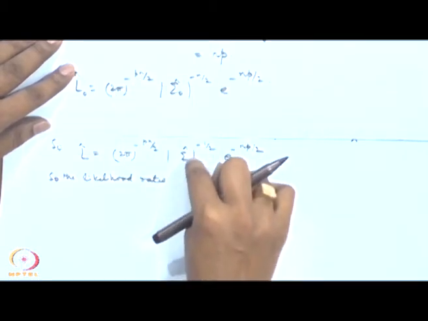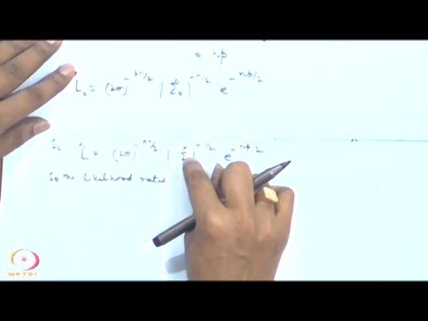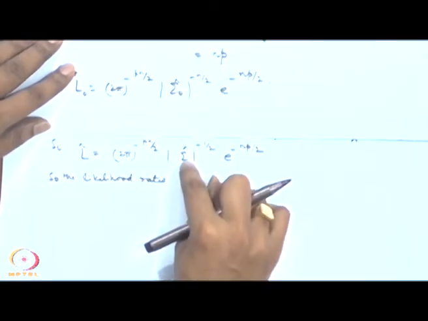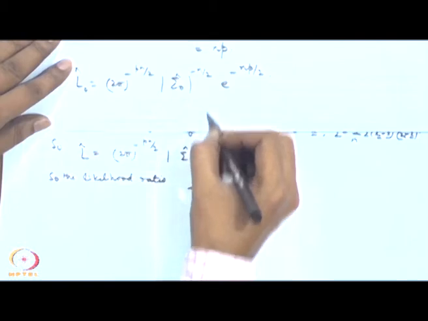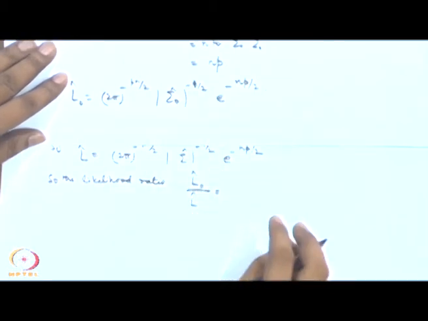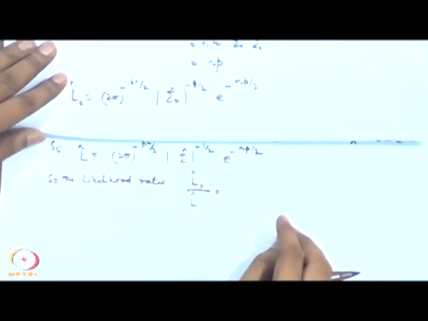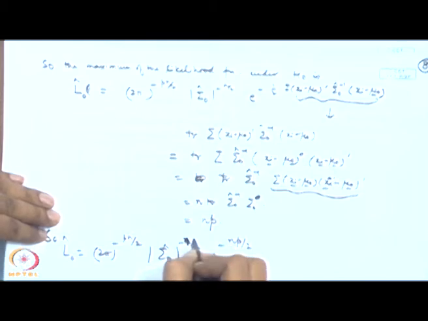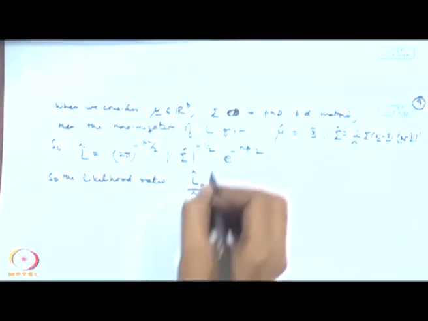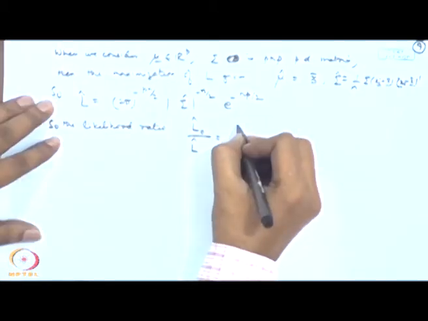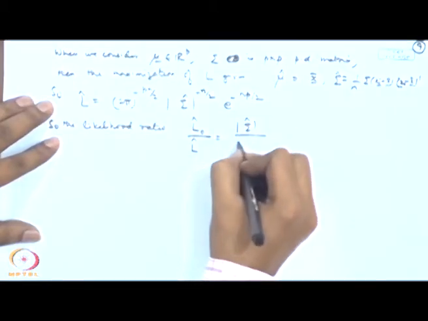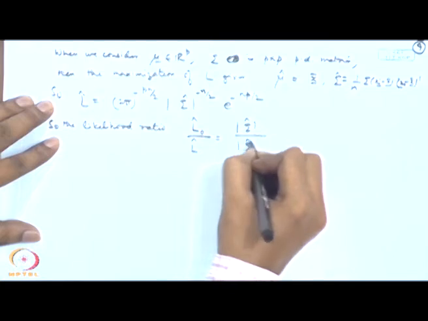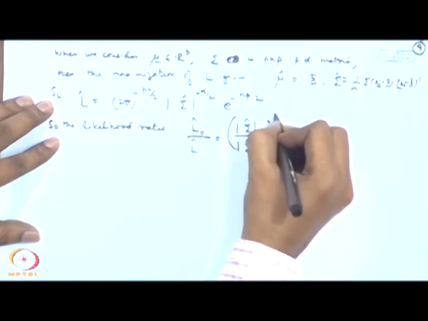You are left with only the determinant of Sigma naught hat and the determinant of Sigma hat, and this is minus n by 2 here. I am sorry, this is minus n by 2 here, and this will become minus n by 2. So now I am getting the determinant of Sigma hat by the determinant of Sigma naught hat, to the power n by 2.